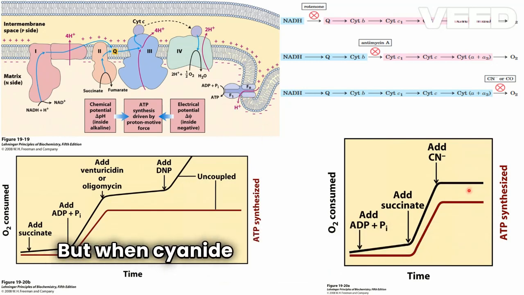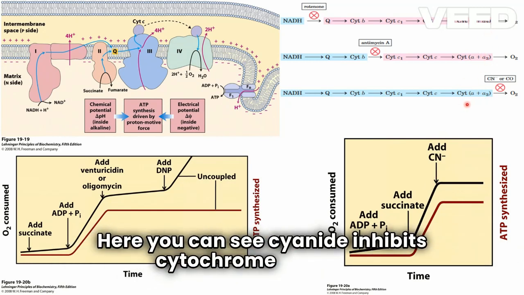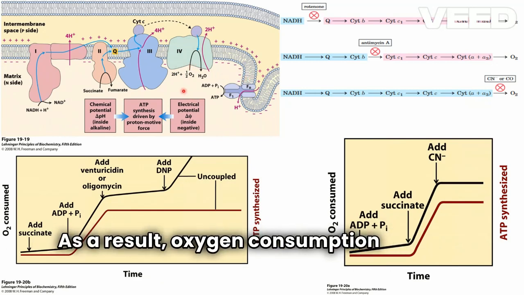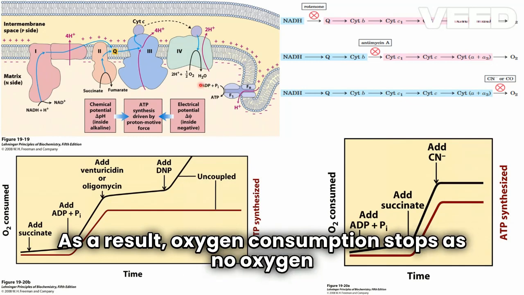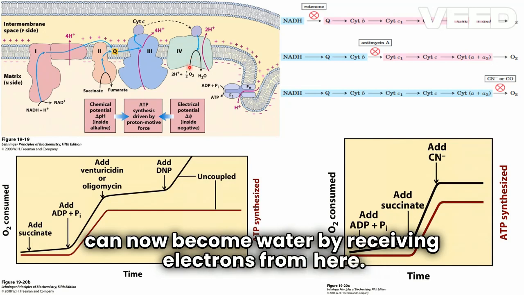But when cyanide was added, it inhibited, here you can see, cytochrome a plus a3, which is a part of this complex 4. As a result, oxygen consumption stops as no oxygen can now become water by receiving electrons from here.